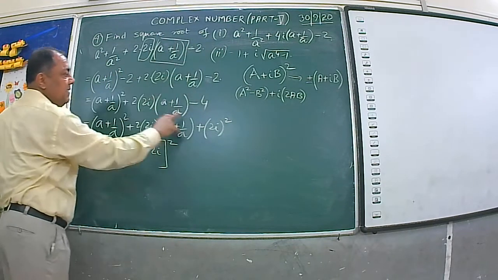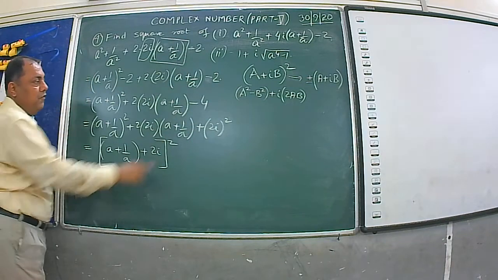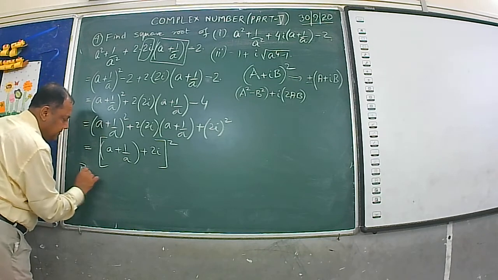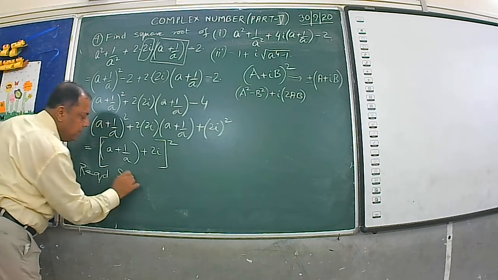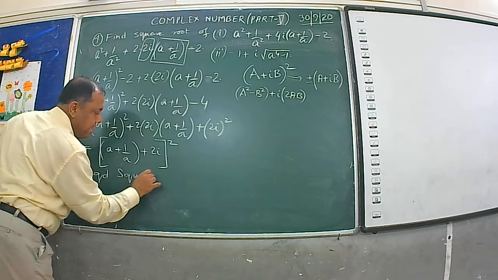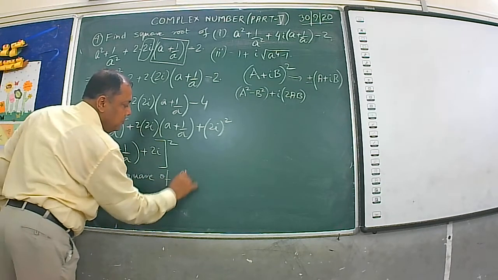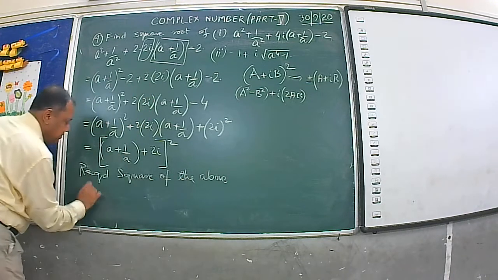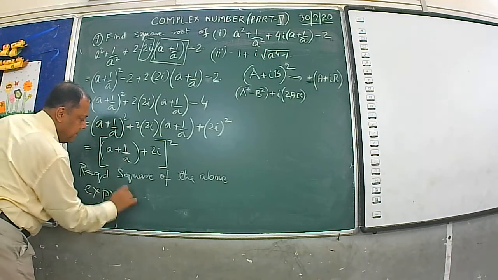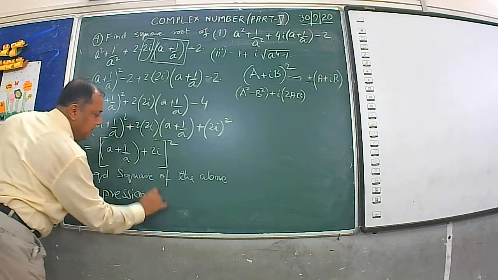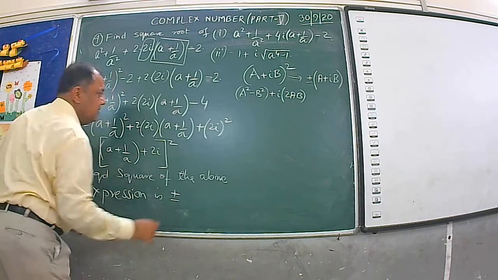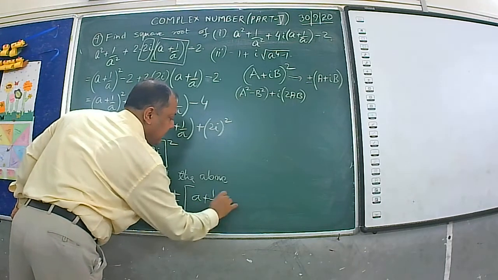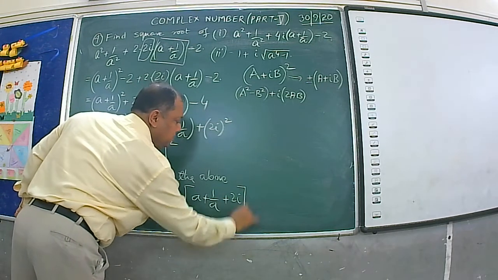Minus, minus, minus, which is 4i square, that is minus 4. The required square root of the above expression is plus minus A plus 1 by A plus 2i.